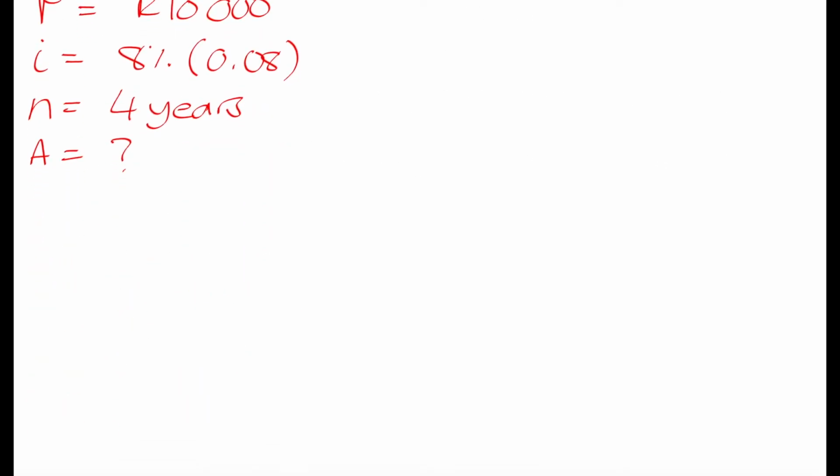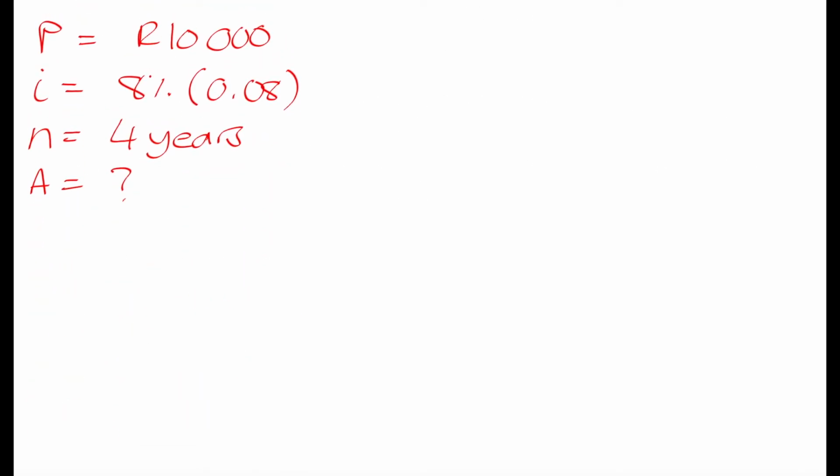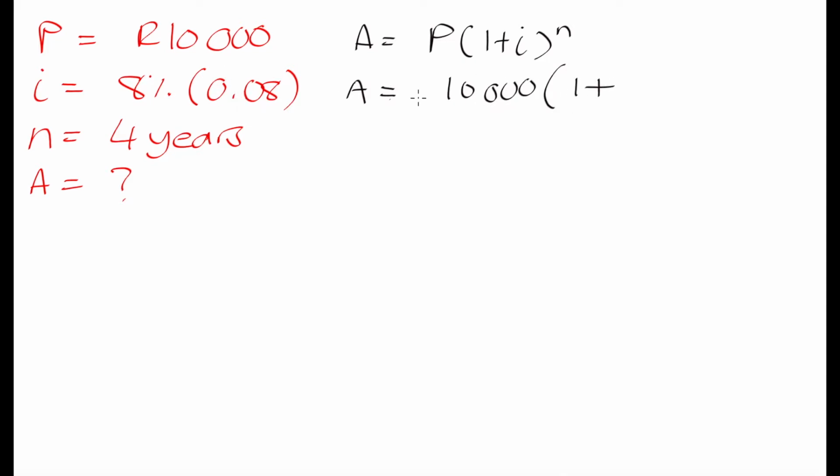So I'm going to scroll down here, and now let's plug in these values into our compound interest formula. We know that A is equal to P times 1 plus i, all to the power of n. So A is going to be equal to our principal, which was 10,000, multiplied by 1 plus 0.08.